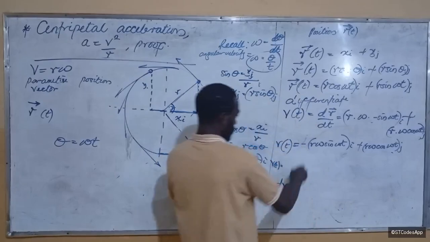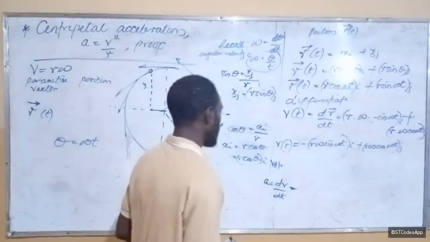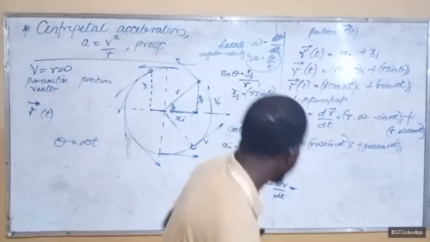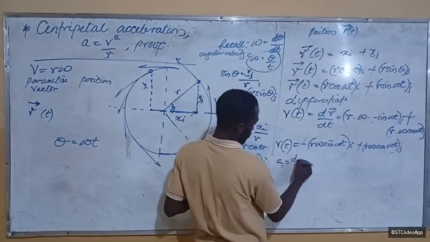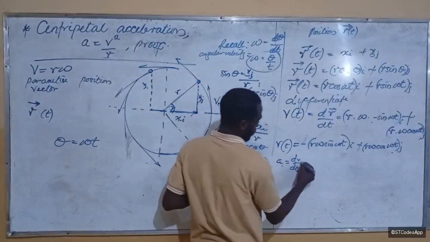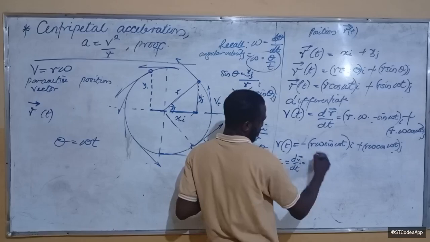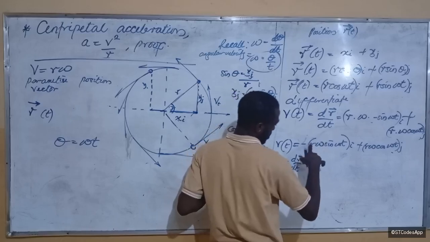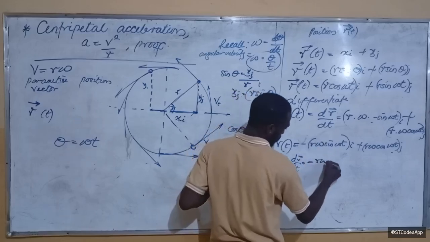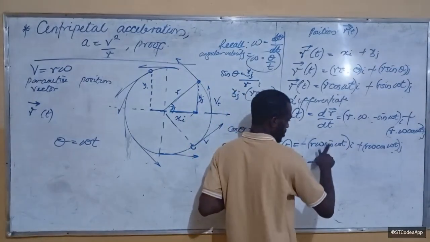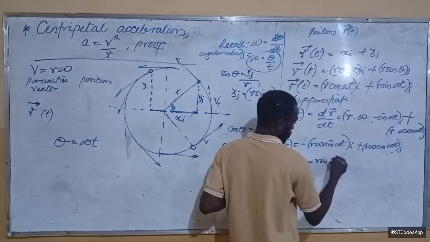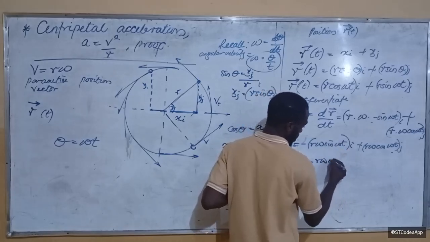So now, if I start it from here again, then I have that acceleration, which is dv dt, will give us negative of, differentiate this function, gives you the same thing in terms of t. Now differentiate this inner function first. Derivative of omega t will give you omega.